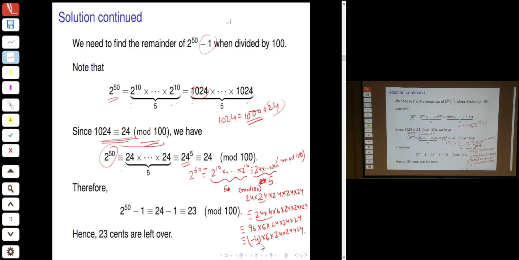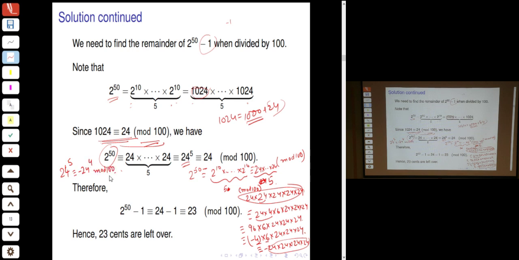But minus 4 times 6 is minus 24. So, this is minus 24 times 24 times 24 times 24. So, 24 multiplied 5 times is just minus 24 multiplied 4 times mod 100. 24 to the power of 5 is just minus 24 to the power of 4 mod 100.